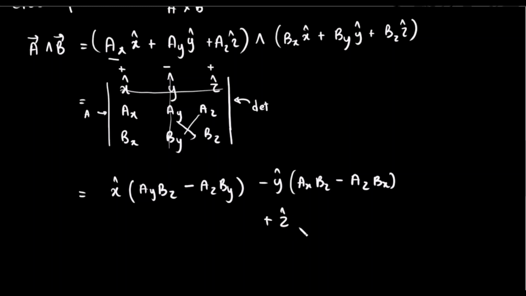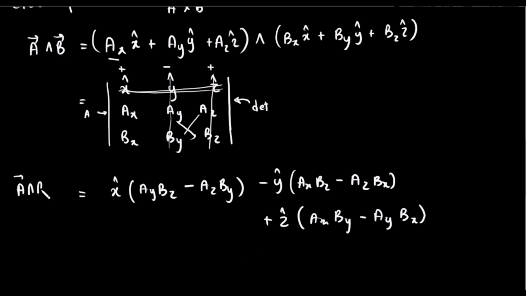This is a plus sign, that is why I put a plus sign here. So z hat means that you have to forget this column and this row. Right now we have ax by and ay bx, so ax by minus ay bx. So this is going to be the value for a cross b.